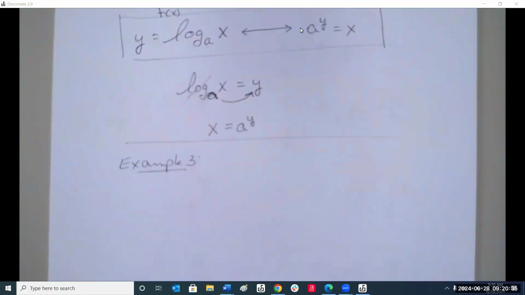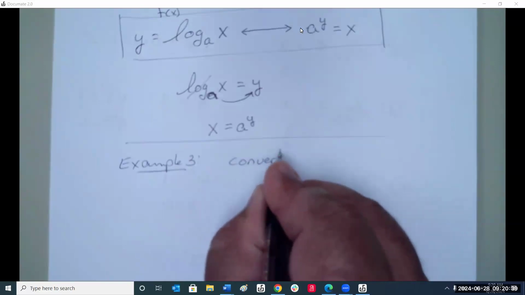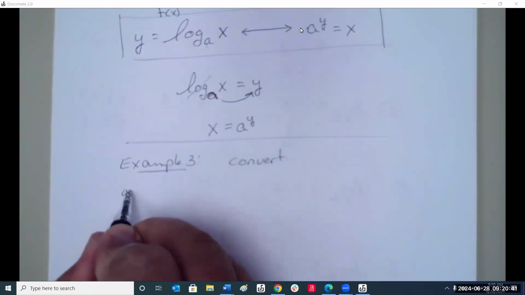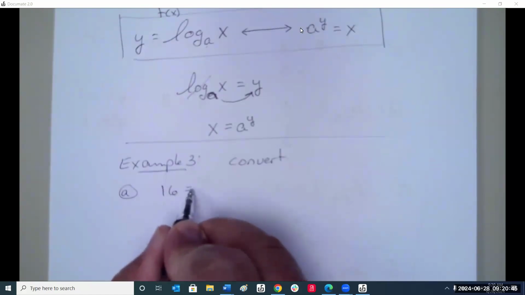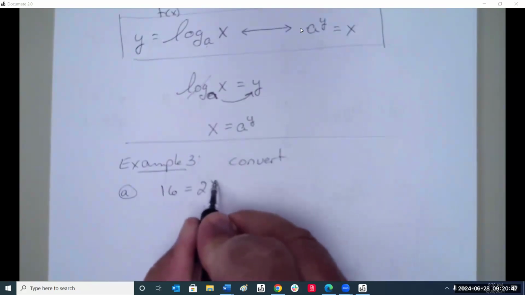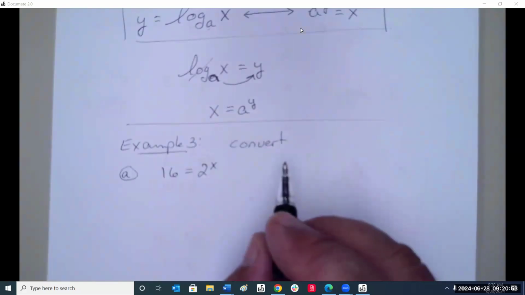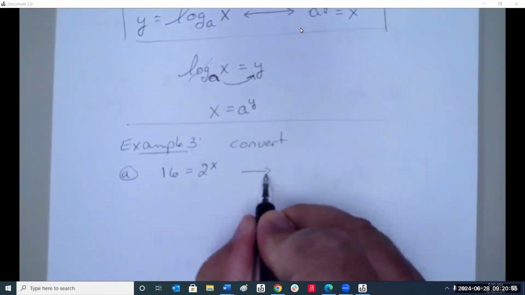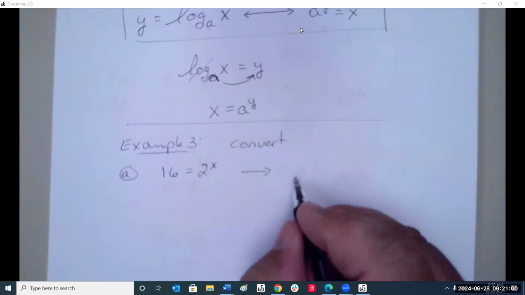Example 3. Convert. We have 16 equals 2 to the power X. So the conversion, we're going from exponential to logarithmic now.